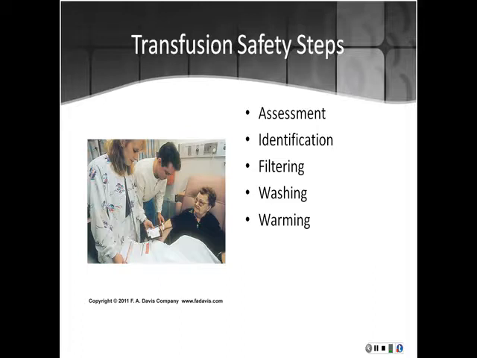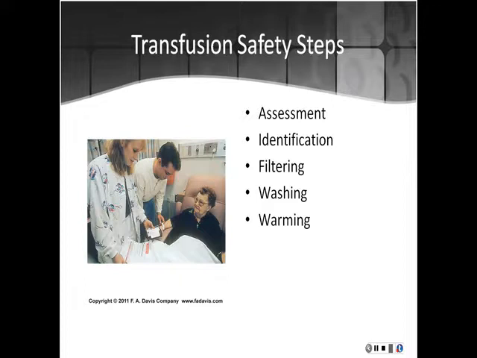Identification is probably the biggest thing that we can do to ensure that there are no problems for the patient. We want to make sure that they get the right product. So this is huge. There are several redundant steps to ensure that the right blood gets to the right person. Remember that if an error is made, the result can be fatal.